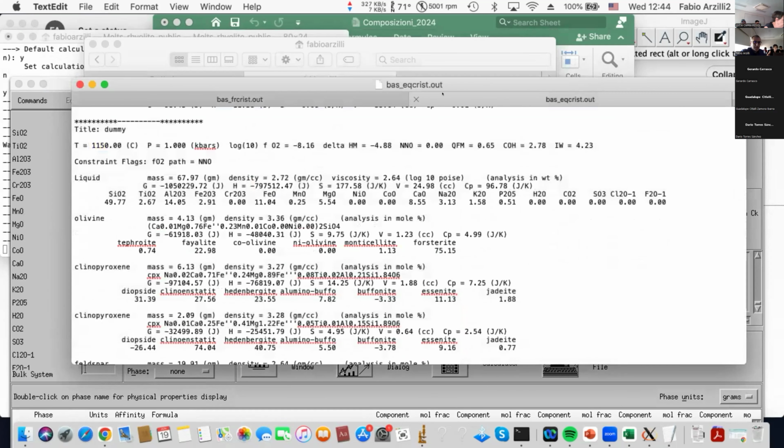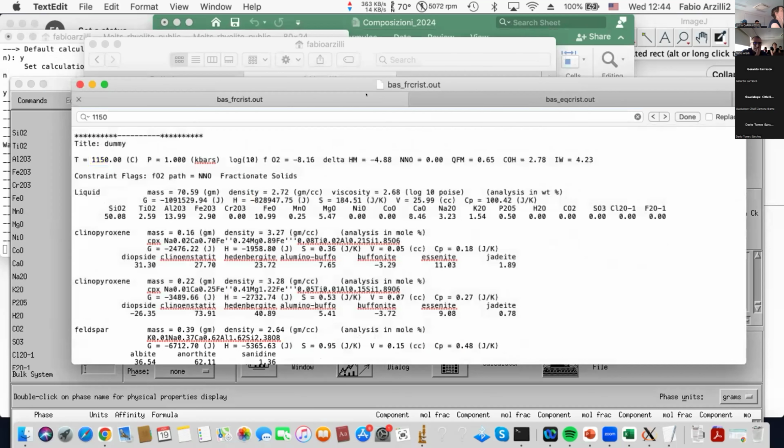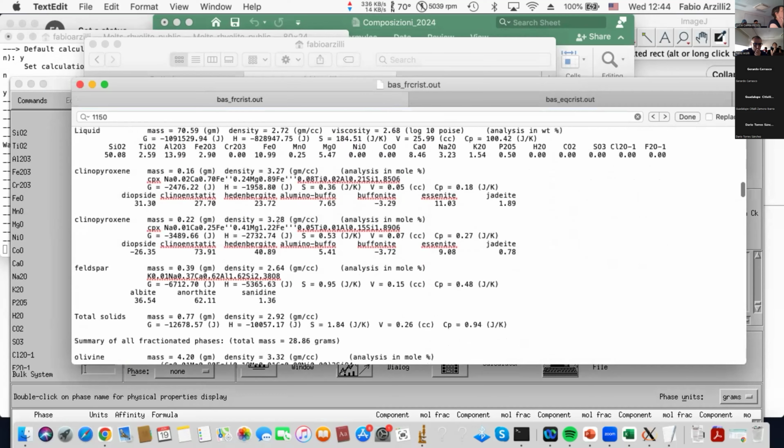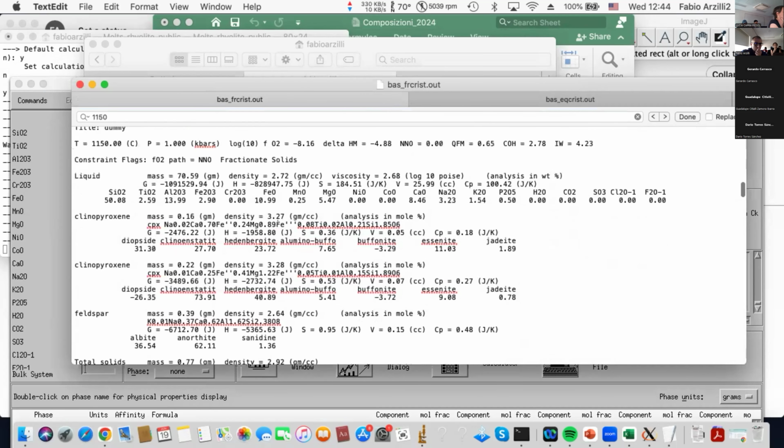Okay. If you take the same temperature, if this is the fractional crystallization, yes.